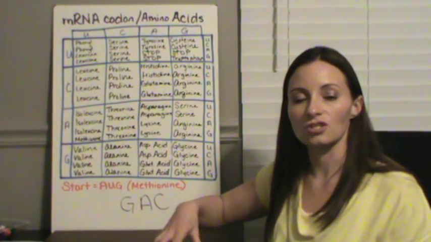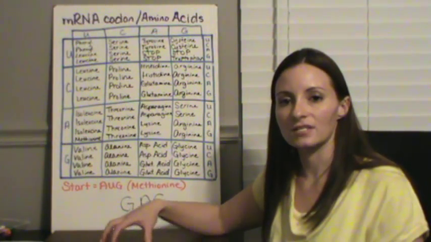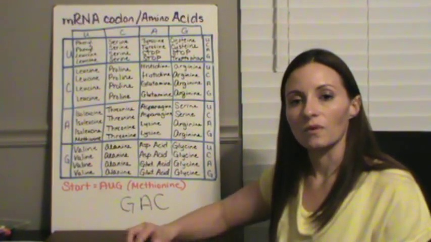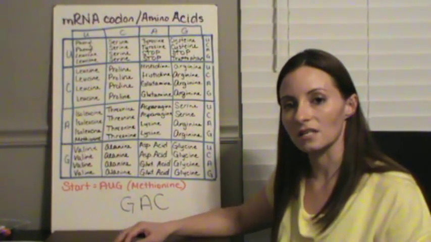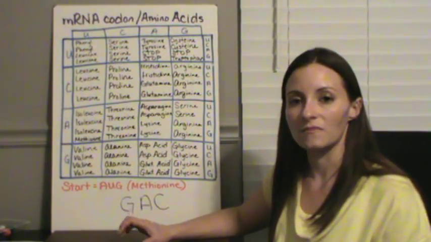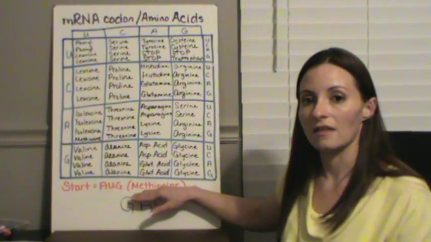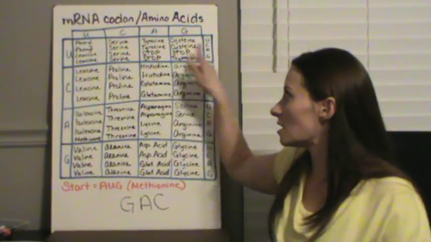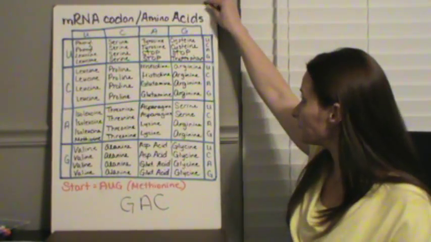AUG is the start of every single mRNA strand that we're going to code for. Whenever you look at a long strand, you have to read all the way across until you can find an AUG, and then that's your start. That would code for methionine, and then you'd read your next set of 3 letters, figure out what they are, read in the chart, and go from there.